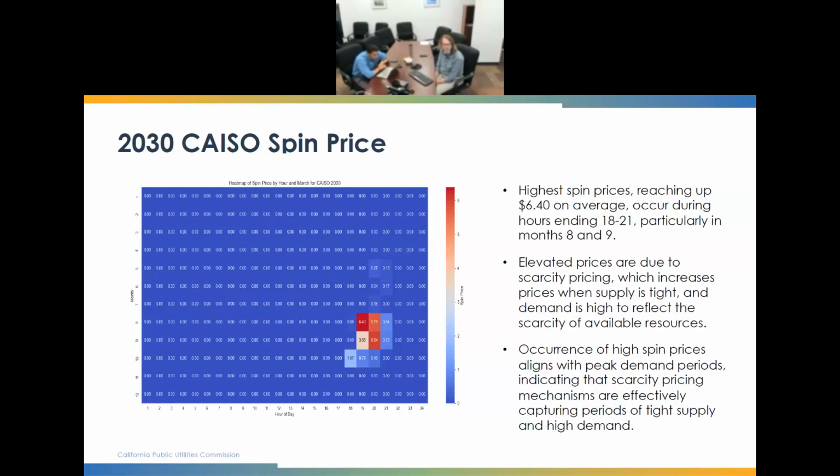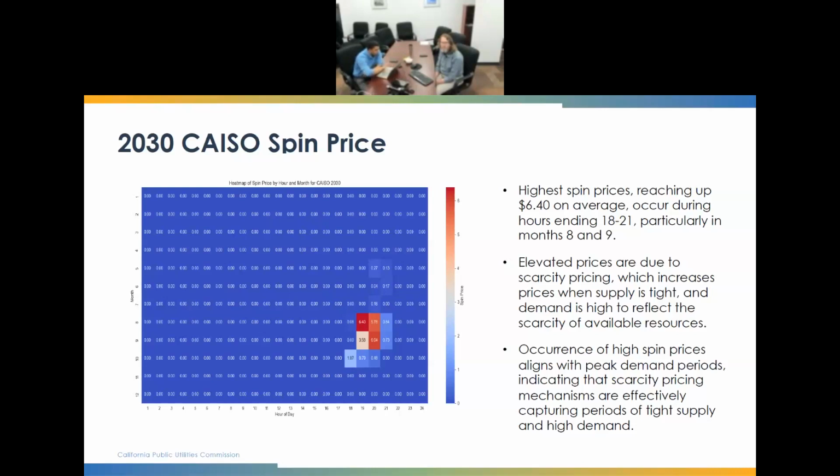So this is what we see in the market, and these prices are due to scarcity pricing, which increases price when supply is tight and demand is high to reflect the scarcity of available resources. This frequency of high spin price aligns with peak demand periods, indicating that the scarcity pricing mechanisms are effectively capturing the period of tight supply and high demand, which keeps us confident in the model.